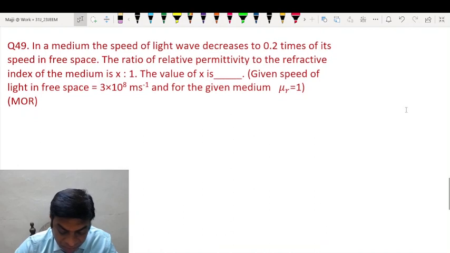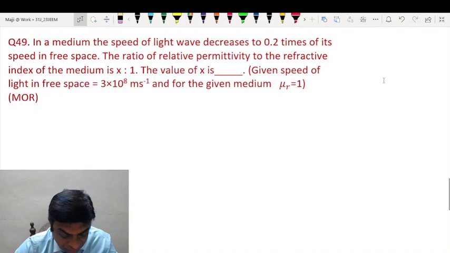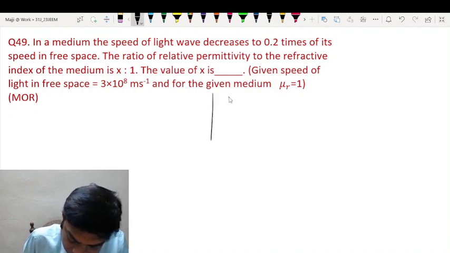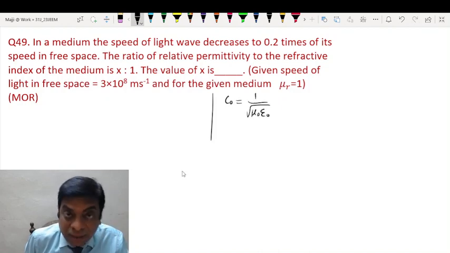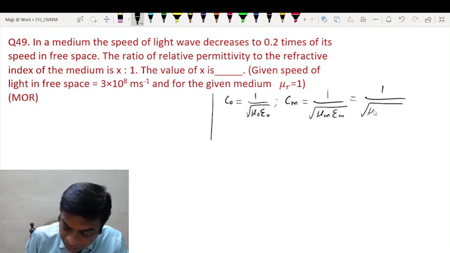Then, in a medium, the speed of light wave decreases to 0.2 times of its speed in free space. The ratio of relative permittivity to the refractive index of the medium is asked. Now, students, as we all know, the speed of light in vacuum is given by this as per Maxwell's law, whereas speed in any medium is given by this. Now mu m can be written as mu naught into mu r, epsilon m can be written as epsilon naught into epsilon r.